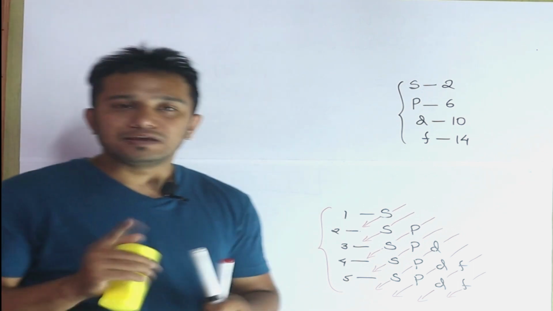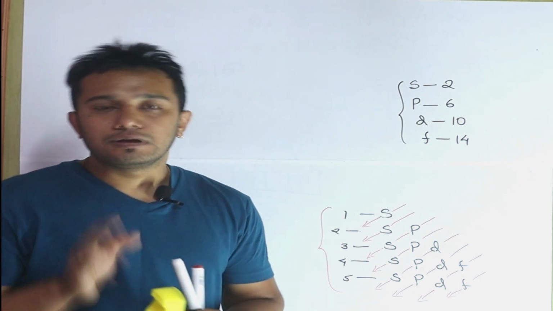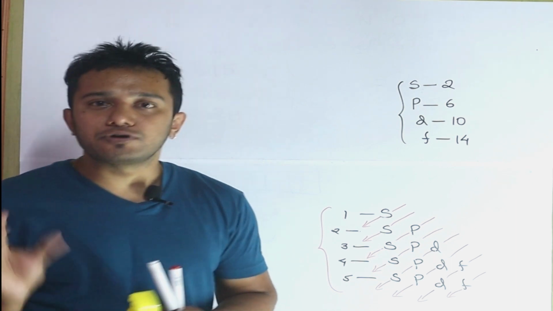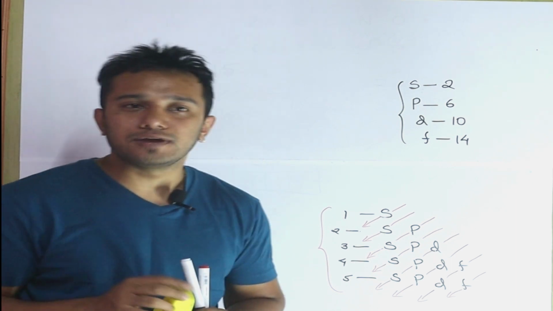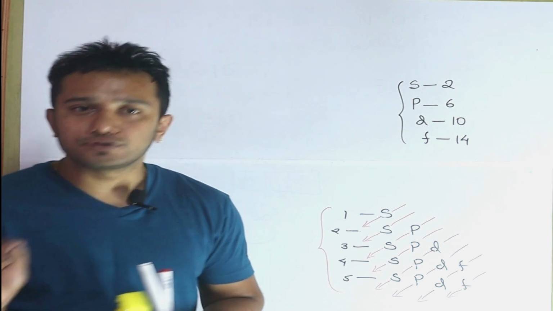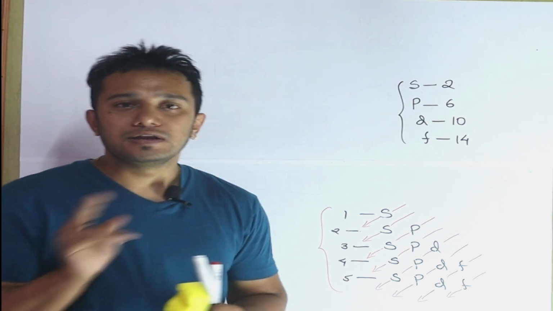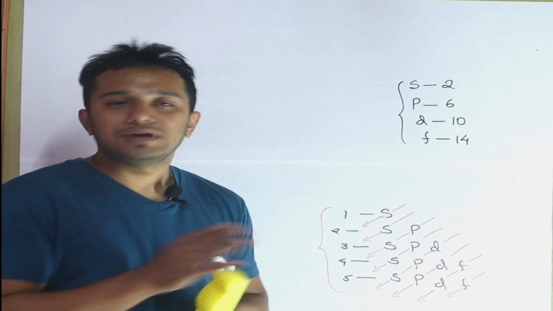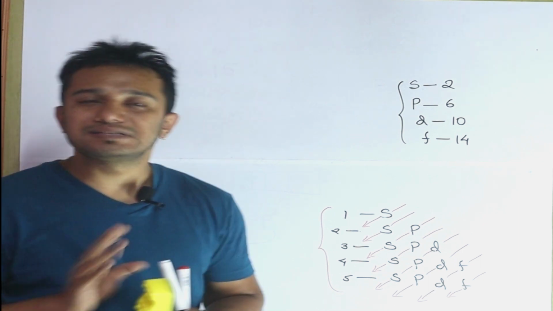The atomic number is the number of electrons. If atomic number is 1, number of electrons is 1. If atomic number is 2, number of electrons is 2. Atomic number 3, number of electrons is 3.